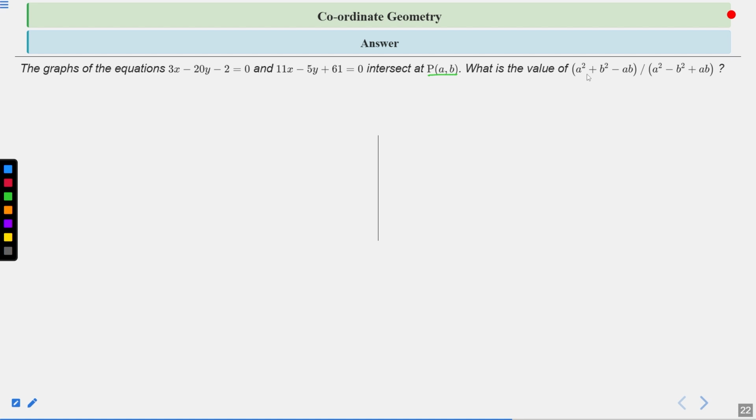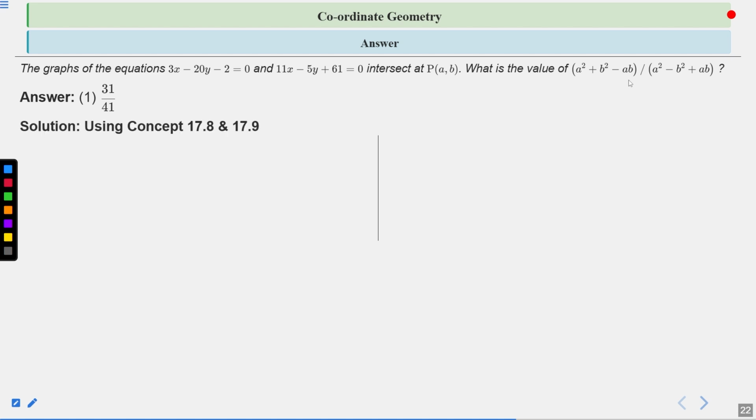We need to calculate the value of a square plus b square minus ab whole upon a square minus b square plus ab. So first we need to calculate the coordinates of the intersection point P(a, b). Then we can put the values of a and b in this expression and we get our answer. So the correct answer of this question is the first one, which is 31 upon 41.